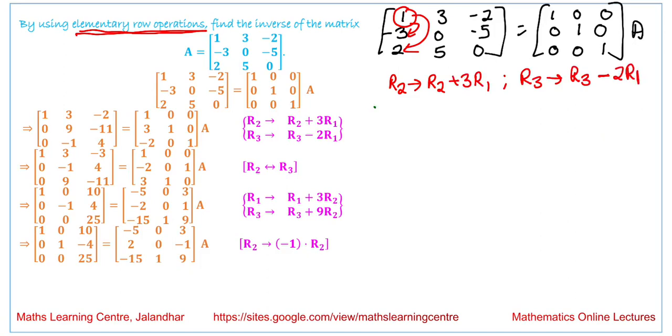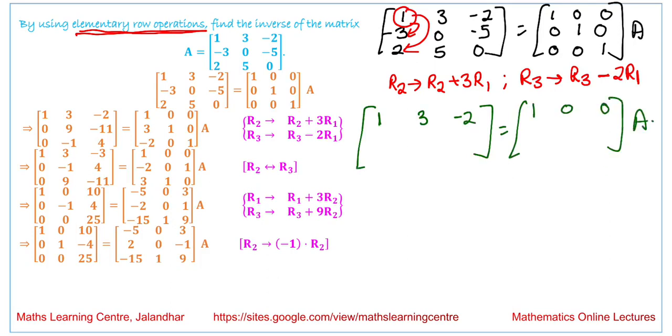So the answer we obtain: first row it is as it is. In the second row, both these elements will become 0. Next it is 3 over here, we are talking about this next element.